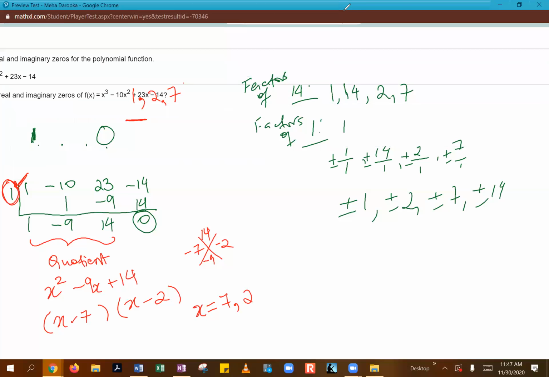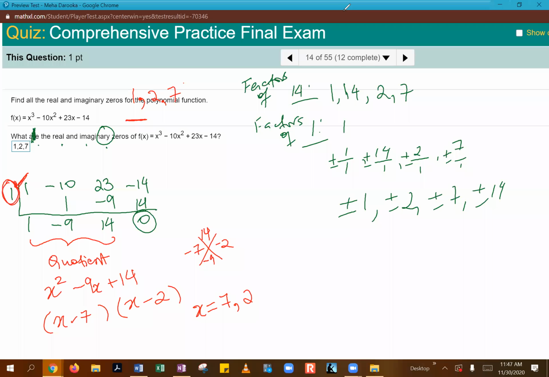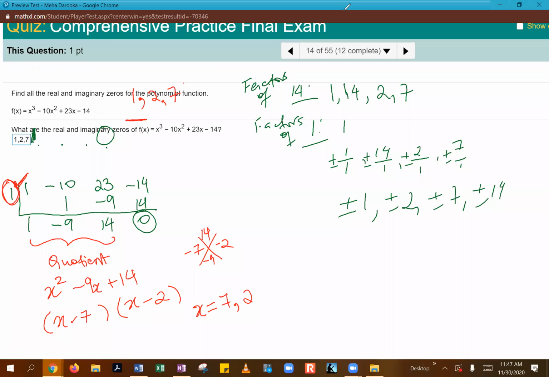Just to remind you, if on the first try, like we did with positive 1, you got a 0 remainder, you were good to go. But if you didn't get a 0 remainder, then my next option to try would have been negative 1. Then I would have moved on to positive 2, negative 2, positive 7, negative 7, that kind of thing.